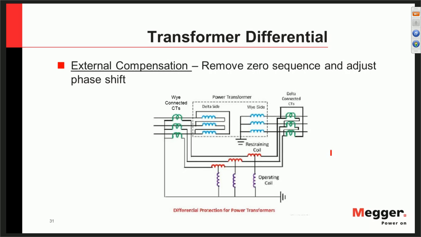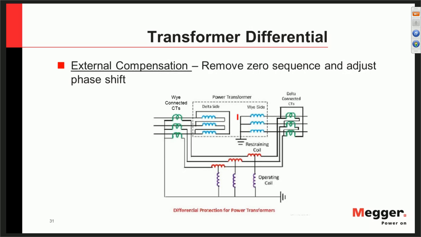There are two ways. One was the traditional way, which was employed in a lot of electromechanical relays before microprocessor relays came into existence. The first one is called external compensation. In external compensation, you have Y connected CTs on the delta side of the transformer, and delta connected CTs on the Y side of the transformer.